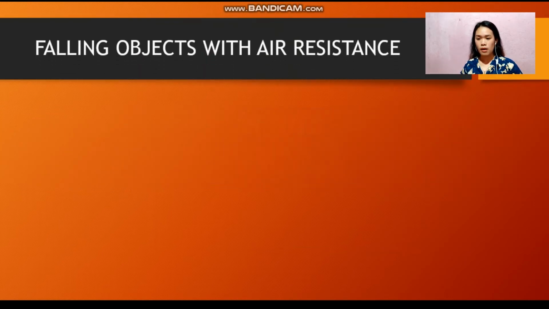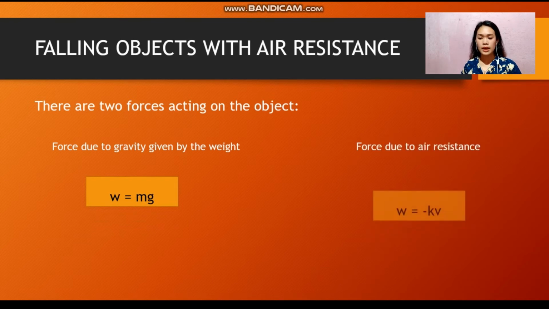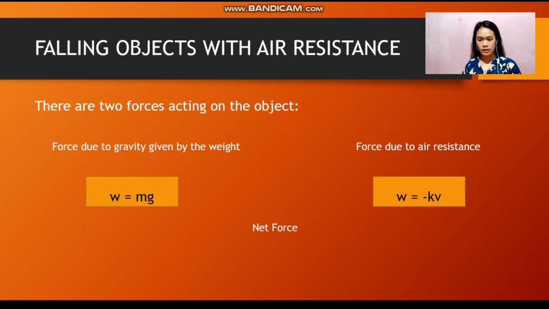Nilinawin ko lang din yung ibang parts ng aking diniscuss. So, yun nga, yung F sub 1 and F sub 2, ito yung two forces acting on the object, which is the force due to gravity and the air resistance. So, ang ginamit nating formula niyan ay F is equals to mg minus kv.